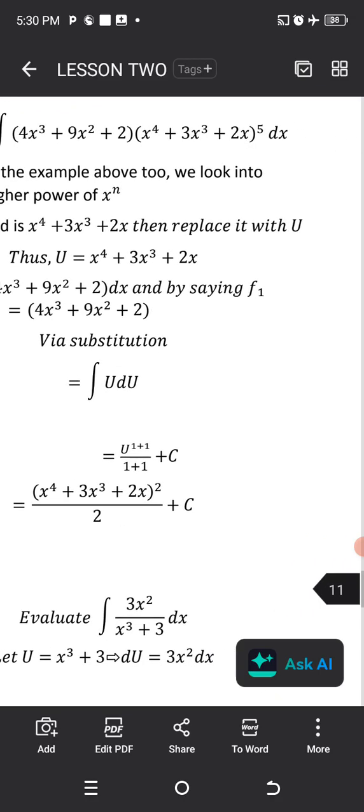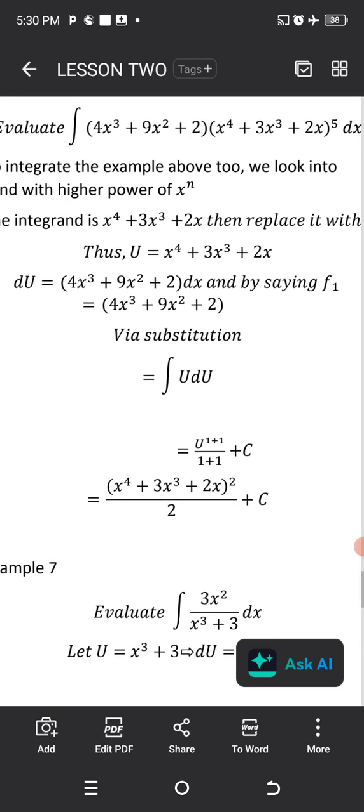Sorry, we did not write that, but that is it: du all over 4x raised to power 3 plus 9x raised to power 2 plus 2 equals dx.